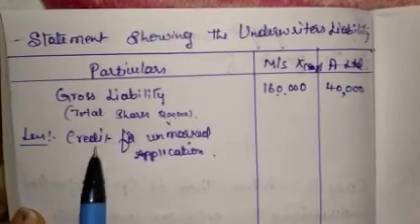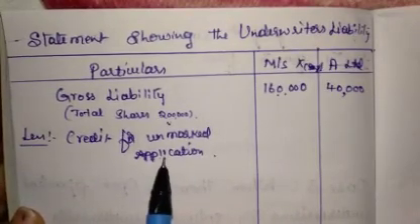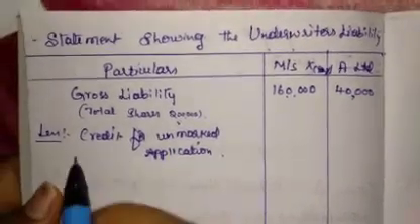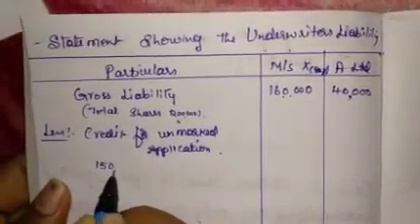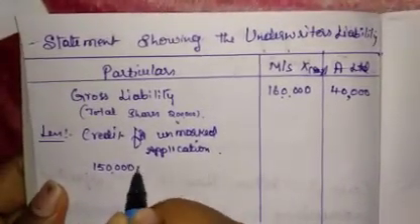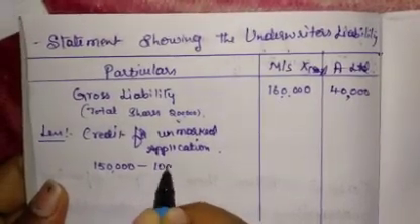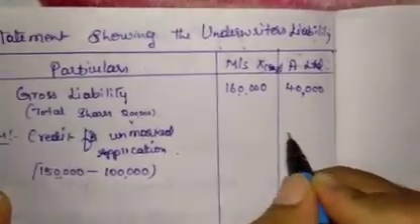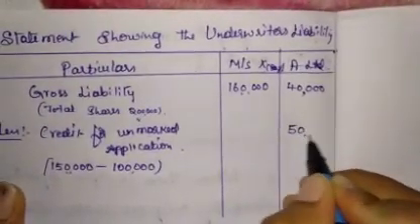Let's credit for unmarked application. We have to give the credit to the company. So we have to calculate what the unmarked application is. Total application received from the public is 1,50,000 minus marked application 1 lakh. So we get the balance, that is 50,000 unmarked application.